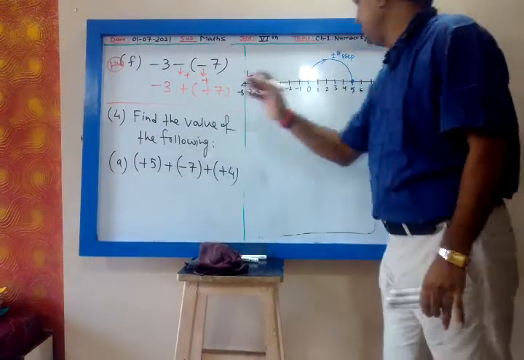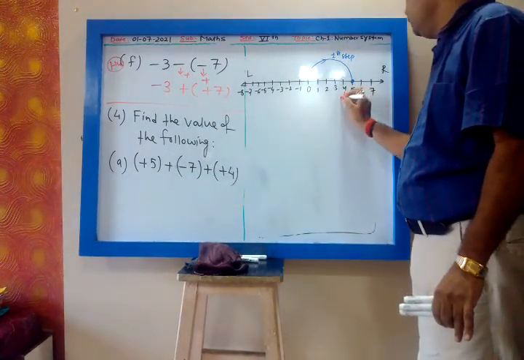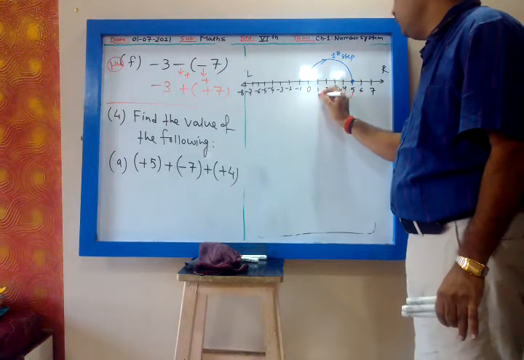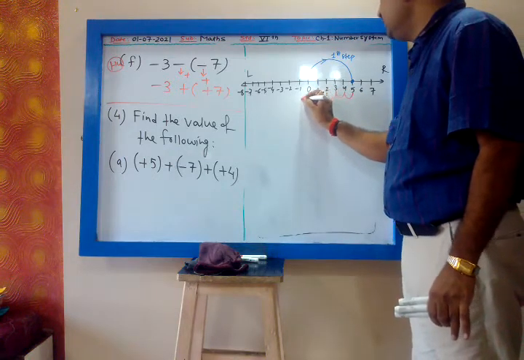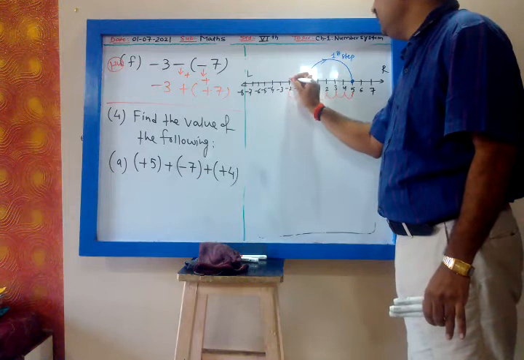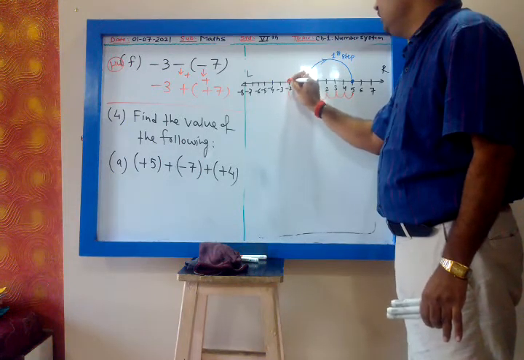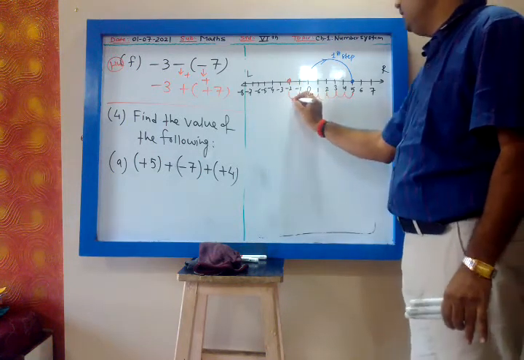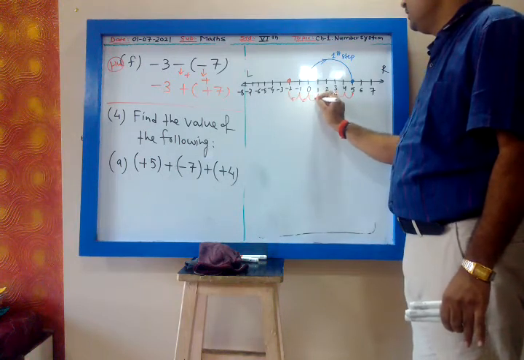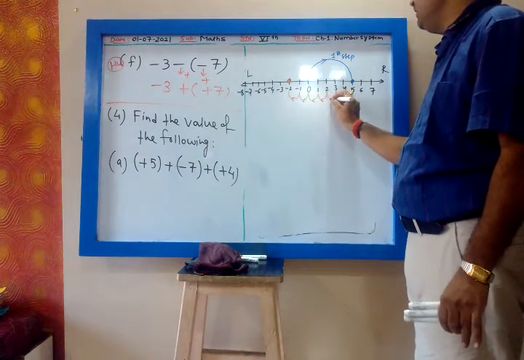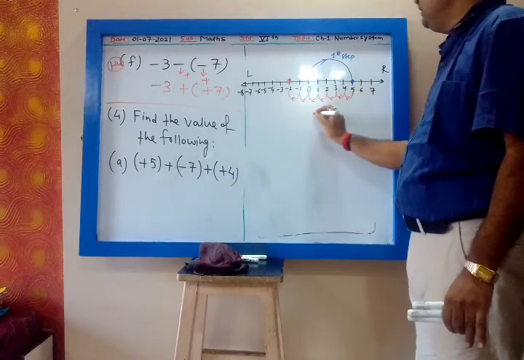Minus sign, left. So 1 jump, 2 jump, 3 jump, 4 jump, 5 jump, 6 jump, and 7 jump. Where we reach? -2. So these are the jumps, 7 jumps to the left because it is -7. And this we write second step.